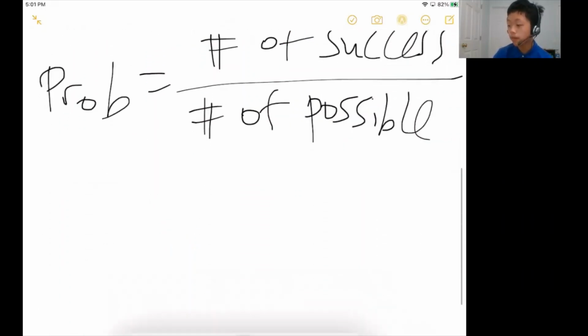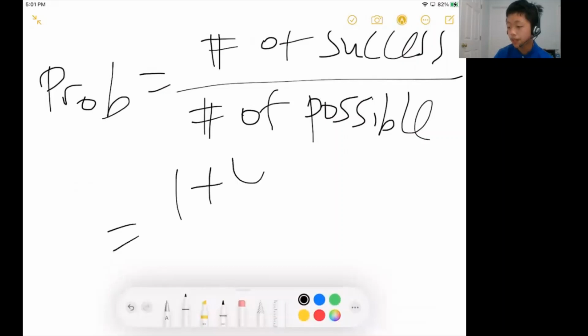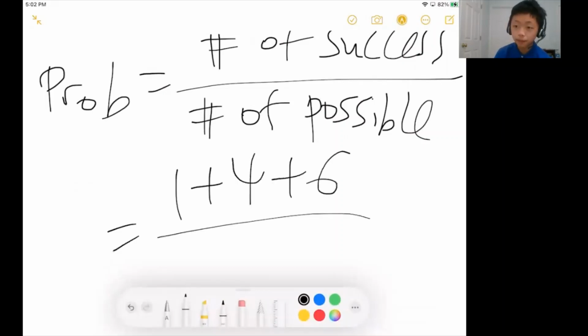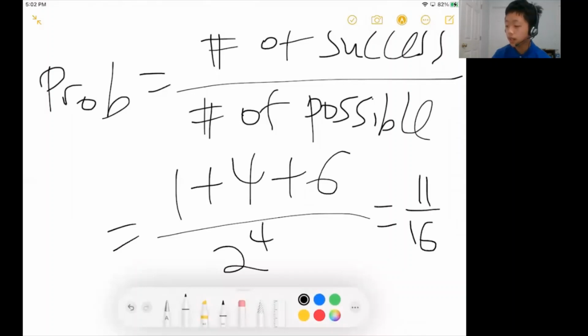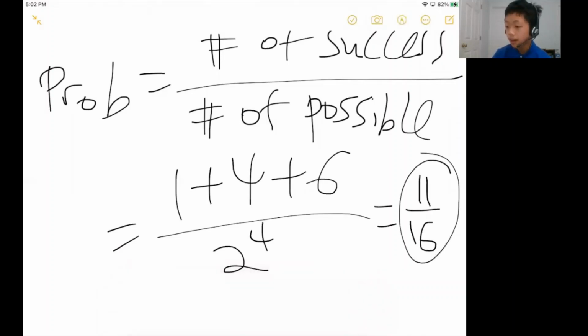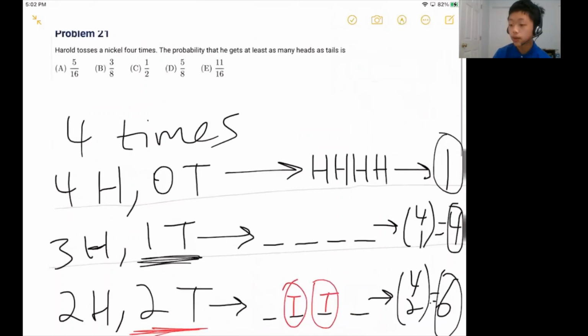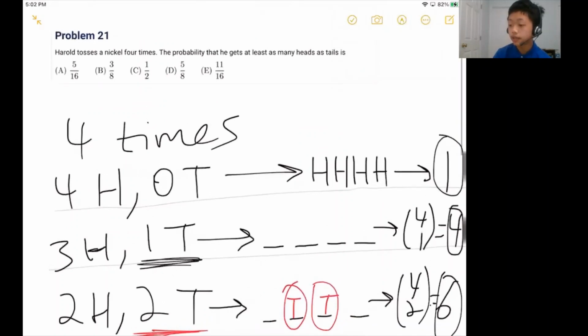So the total number of successes is 1 plus 4 plus 6. For the number of possible outcomes, we flip the coin 4 times, and each time it can be heads or tails, so the total is 2 to the power of 4. If you do the math, you get 11 over 16 as the probability. That gives us choice E, which is the correct answer.